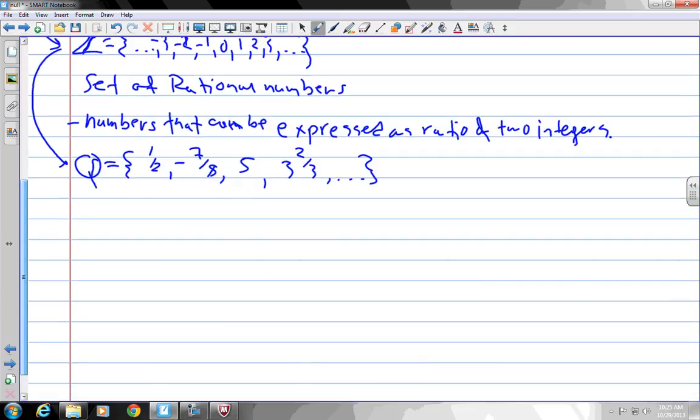But then the final kind of partition of real numbers is the set of irrational numbers. Those are numbers that cannot be written as a ratio of two integers.